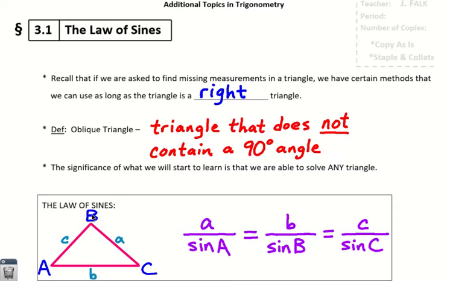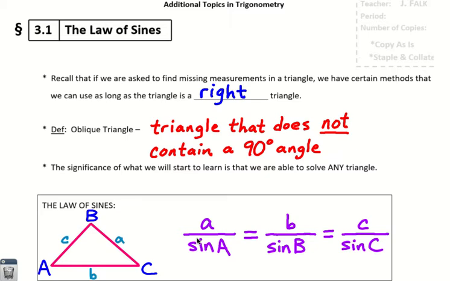Side B is across from angle B, again on purpose, obviously. And side C is across from angle C. And with a triangle like that, you would have this formula.